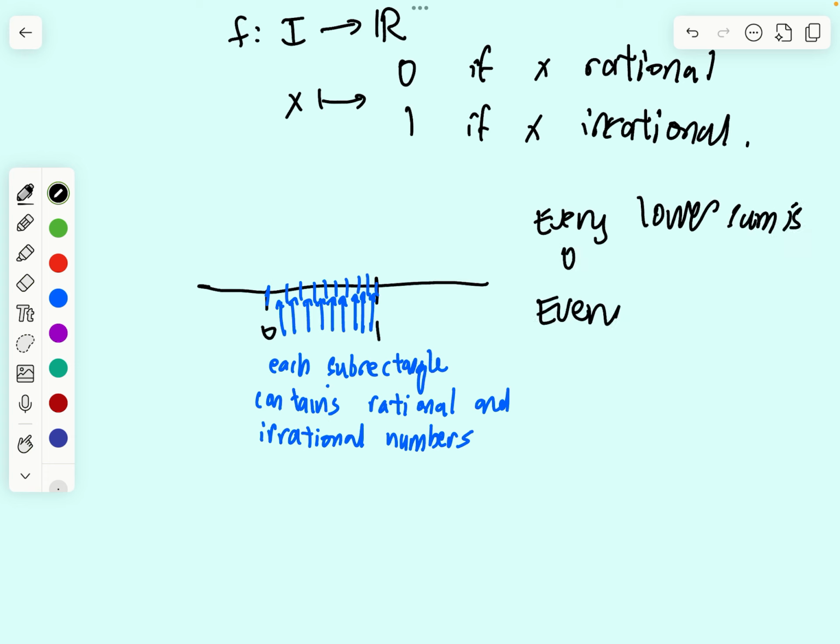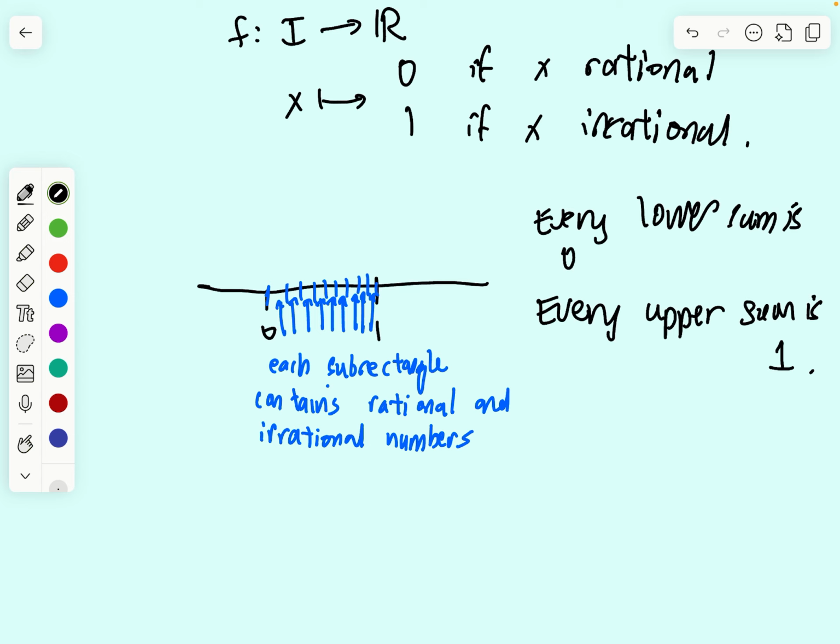And what about every upper sum? Well, every subrectangle contains an irrational number, and so you're always going to attain the value 1. So every upper sum is just going to be 1, because you take the value 1 on each of these subrectangles, multiply by the length of each subrectangle, and when you add up all those lengths, you get the length of the entire interval, which is 1.